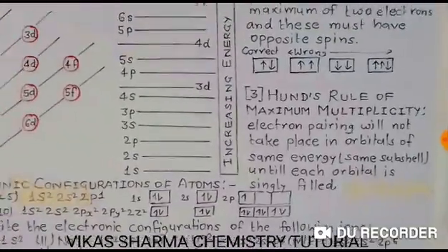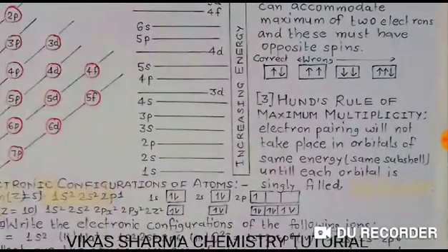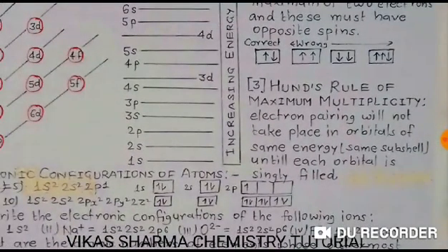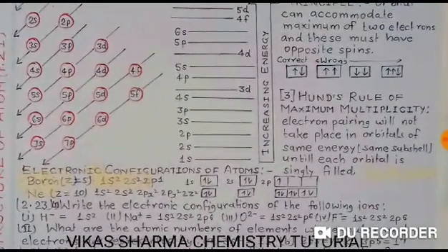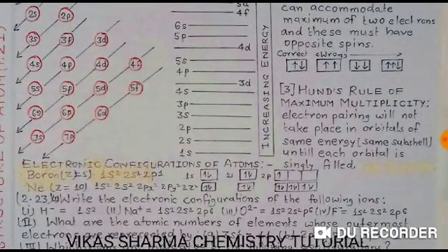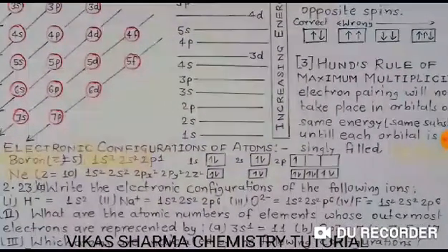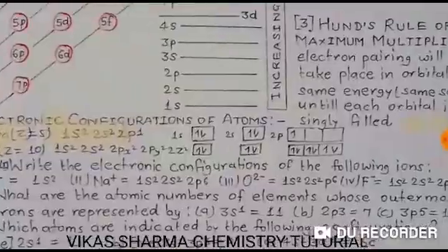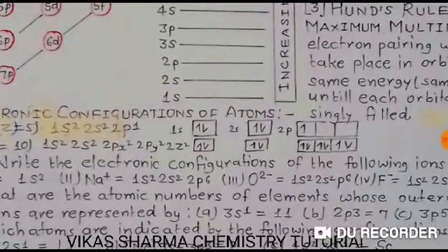Students, the third theory is known as Hund's rule of maximum multiplicity. Electron pairing will not take place in orbitals of the same energy or same subshell until each orbital is singly filled. For example, boron 1s2, 2s2, 2p1. So the 1s1, 2s1 you have seen on the figure.